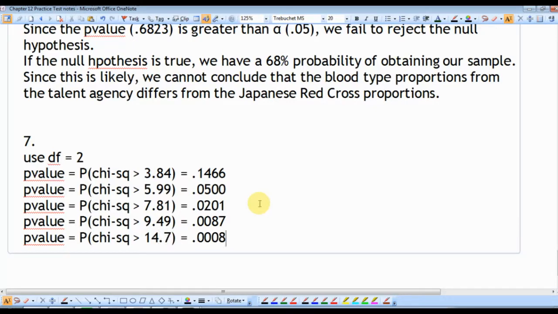Okay, so which is the first one that would be rejected? What's the smallest chi-square that would be a reject?